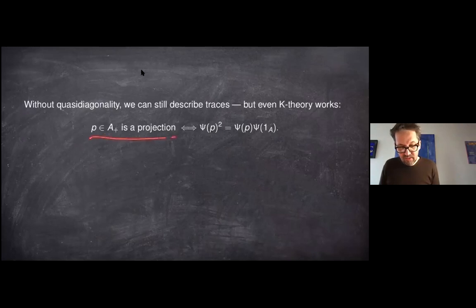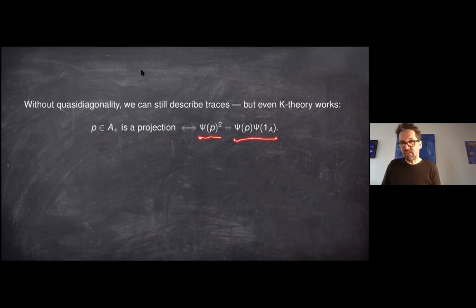So P in A is a projection if and only if psi of P squared, which is not the same as psi of P but is the same as psi of P times psi of the unit of A. And what's behind this is a structure theorem for order 0 maps.